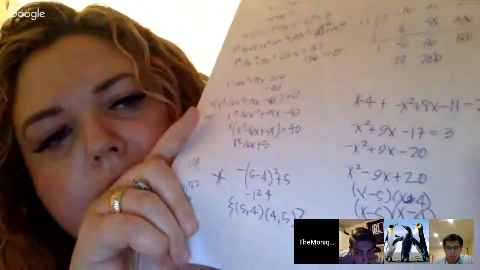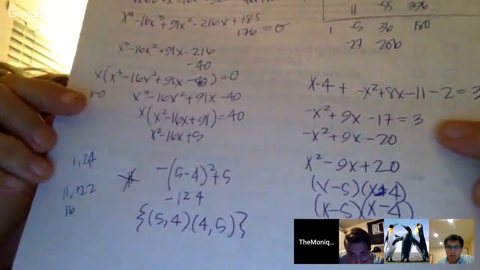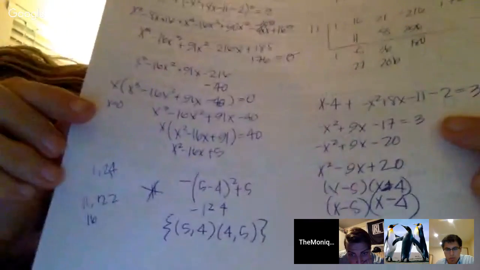So we had x - 4 plus (-x² + 8x - 11) - 2 as the second part, and then equals 3. And then you can see this is combining it. So reduced, we just combine like terms.